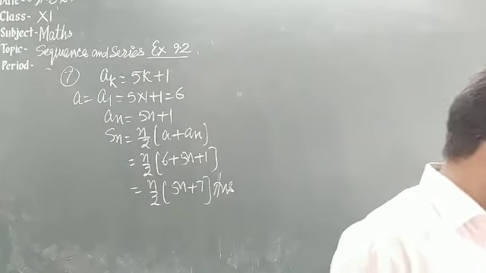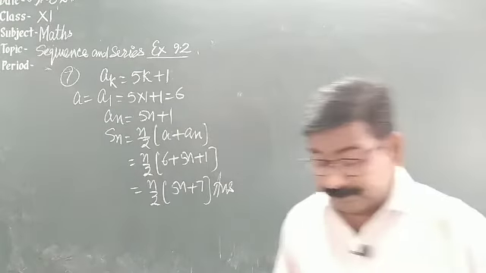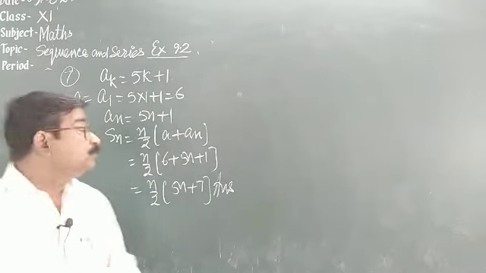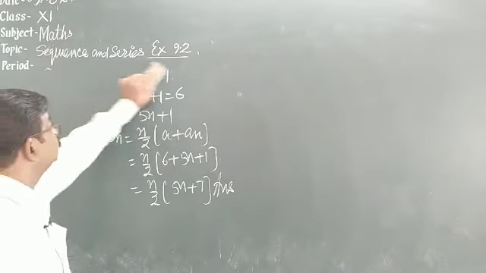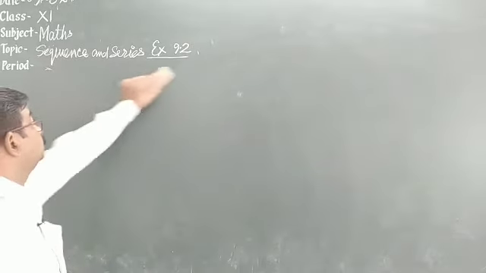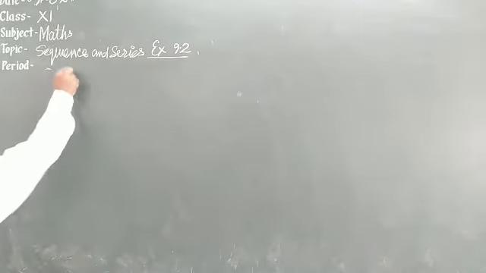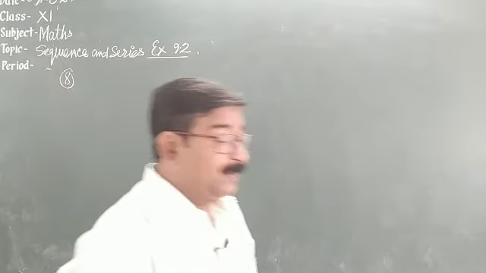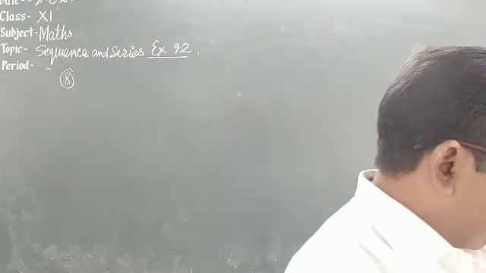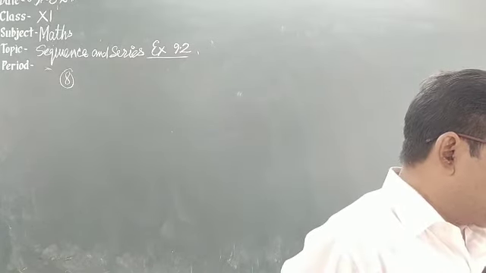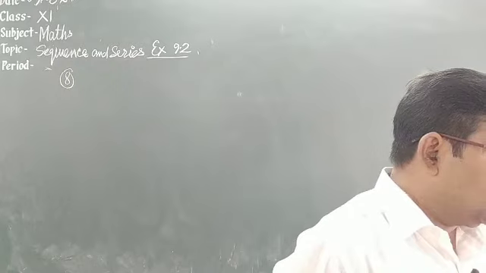Let's see, question number 8 is very simple again. The sum of n terms of an AP is Pn plus Qn square, where P and Q are constants.